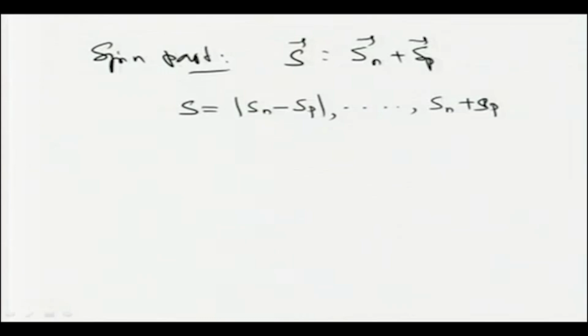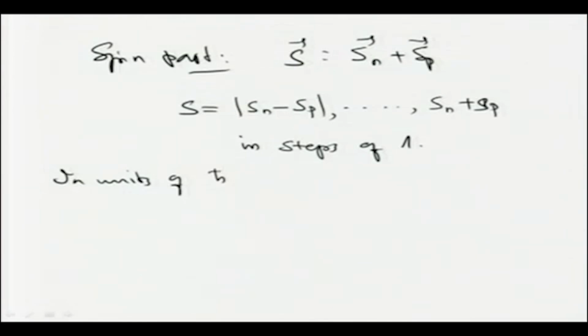So, these are the values of S that are allowed according to the rules of angular momentum addition of quantum mechanics, in steps of 1. Okay. So, we will be working in units of h cross.